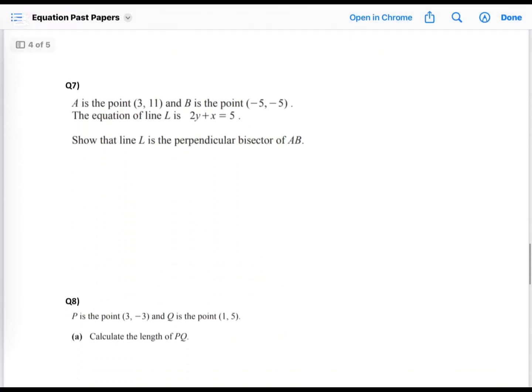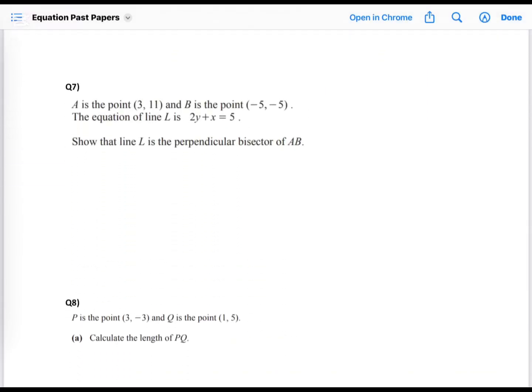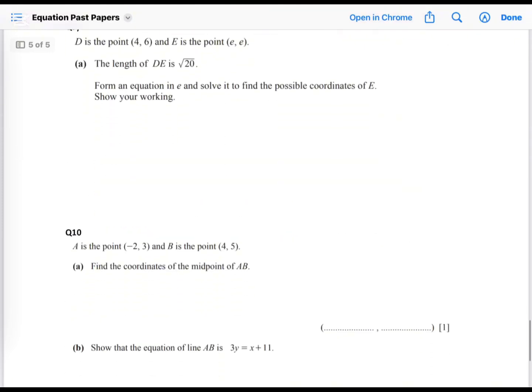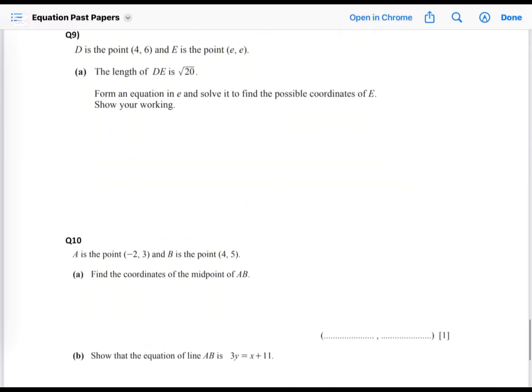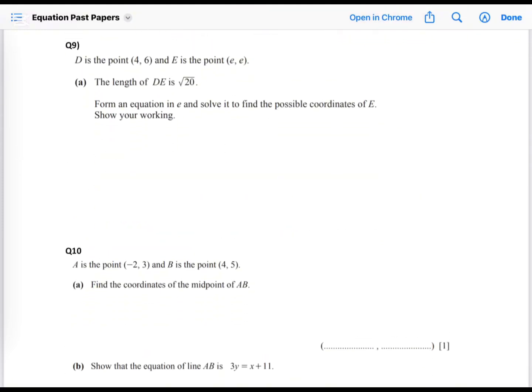Now question number 7, again the same type of question. Now the last two questions, and then the topic is completed. The next question is a little bit different, but very simple. D is the point (4, 6) and E is the point (e, e). The length of DE is 20.